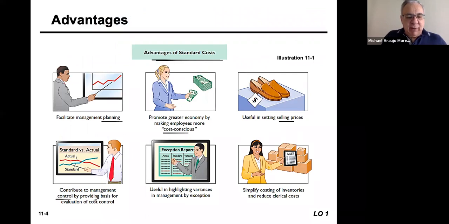That's very important in cost control. Later we'll look at the differences, what we call a variance, between the standard cost and what actually happened. We can also look at other parts of the business like inventory and other specific costs and simplify how those are looked at.